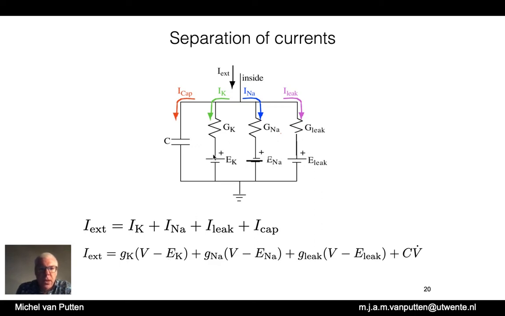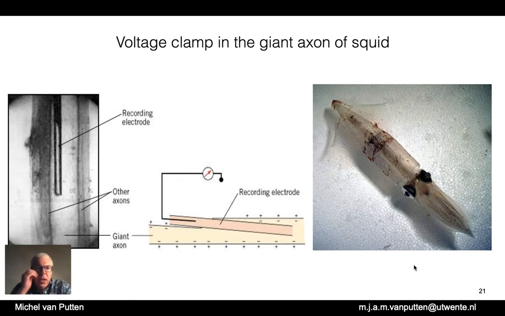And for the potassium current, here the current through this resistor or conductor is given by the difference between the membrane voltage and the Nernst potential of potassium, and the same applies for sodium and the leak current. And the capacitive current, we discussed this already, is given by the capacitance times the time derivative of the membrane voltage.